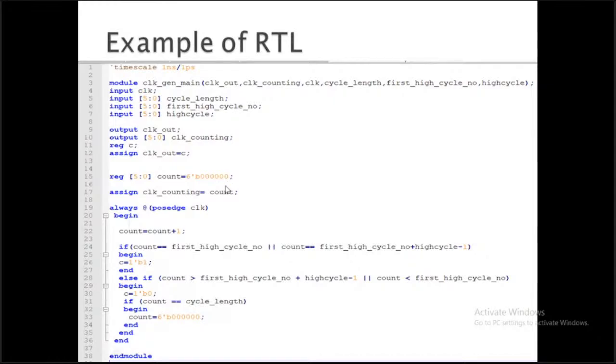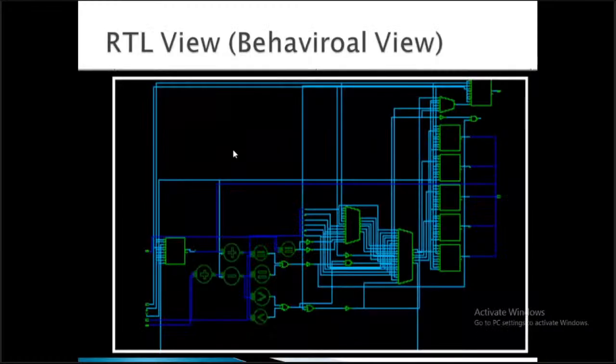So we provide the first high cycle number, that is 4, and then how many high cycles we want, say 3 or 4, and it will generate the clock according to our input. Based on the input, it generates different kinds of duty cycle.